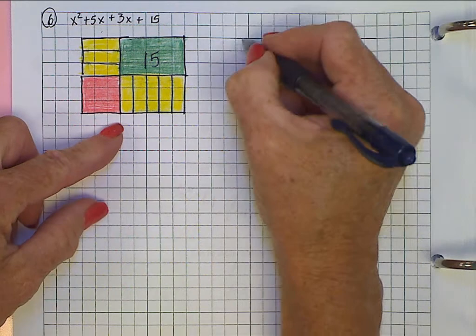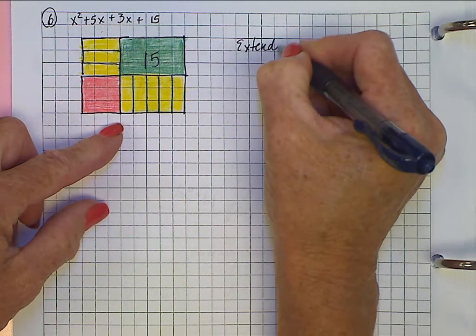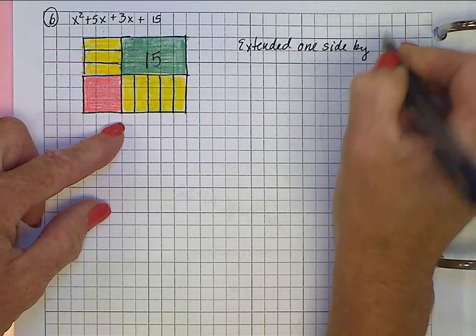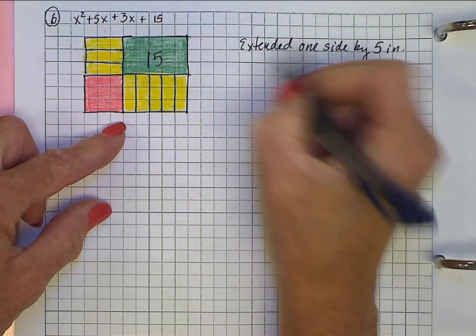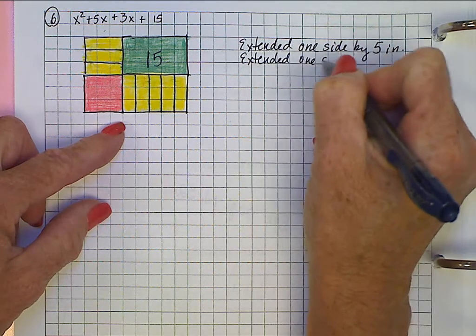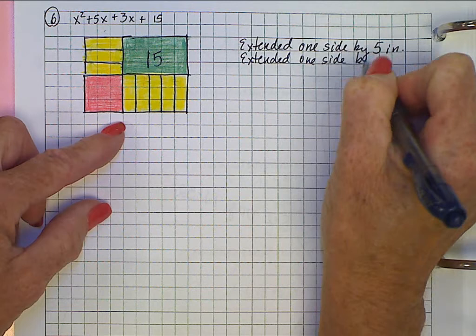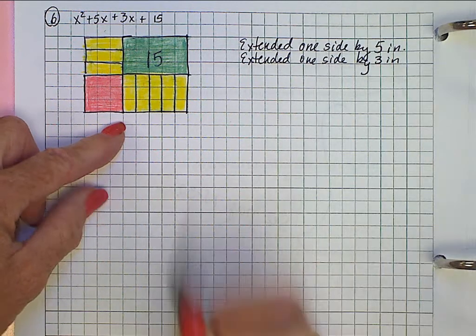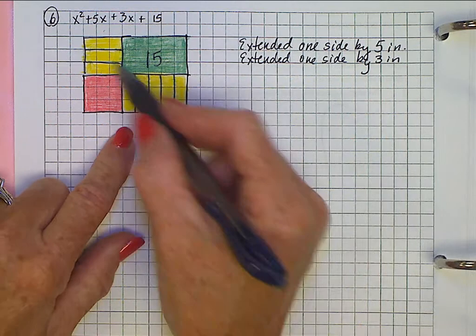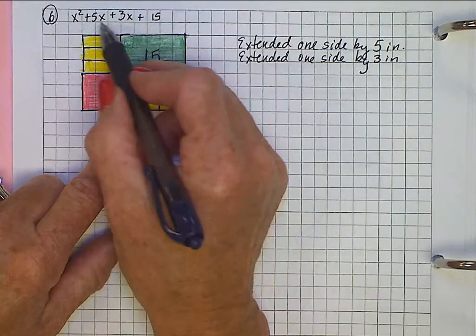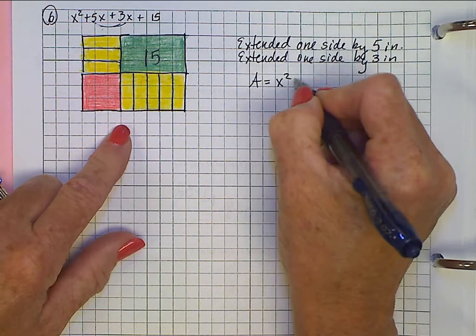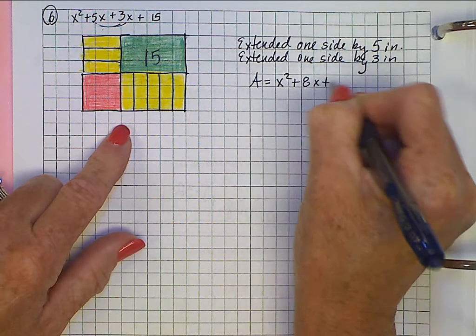We extended one side by 5 inches, and we extended one side by 3 inches. Area, if I combine these like terms with what we started with, it's x squared plus 8x plus 15.